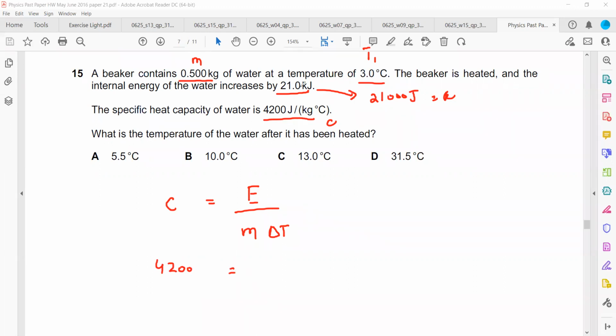Energy was 21 kilojoules, but it should be in joules, so we multiply by 1000.